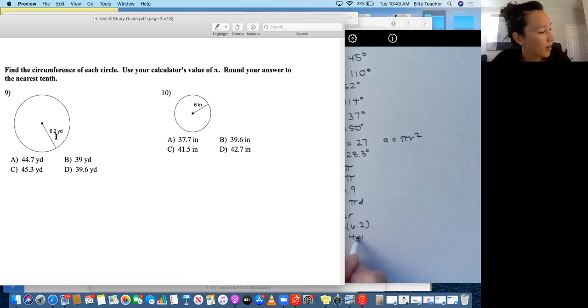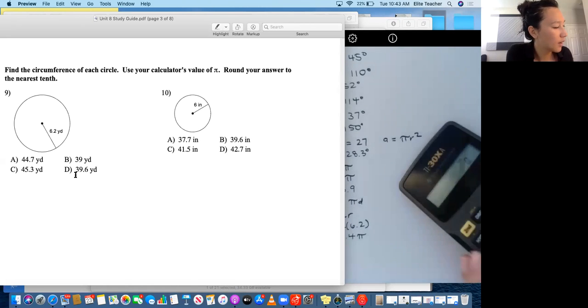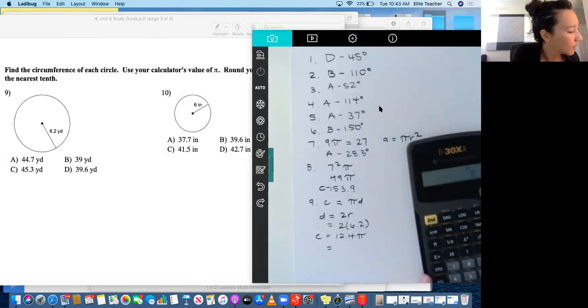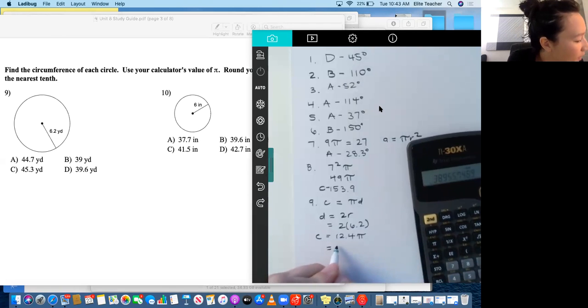And then we multiply our diameter times pi. So 12 times 3 would be about 36. If they give us 39 and 39.6, let's do it on our calculator to be exact. 12.4 times pi, 38.9. So that would just be 39.